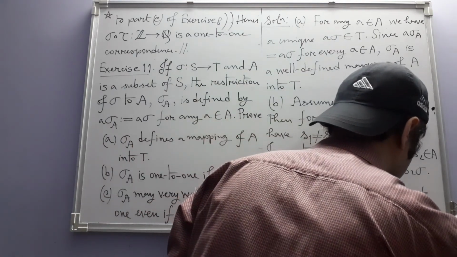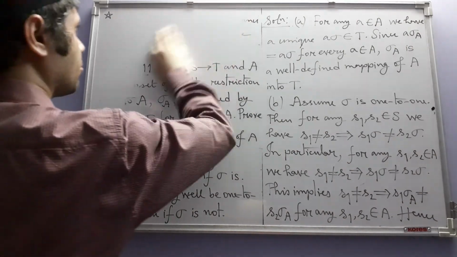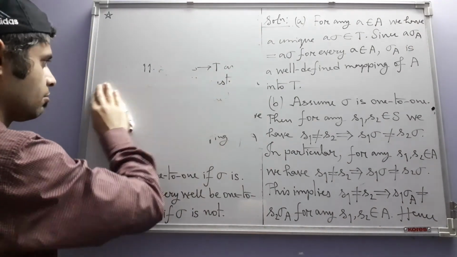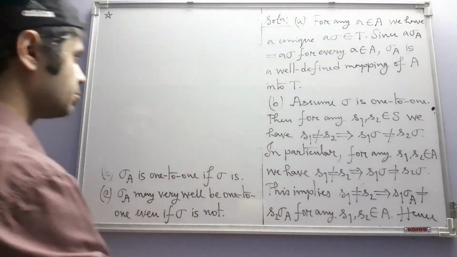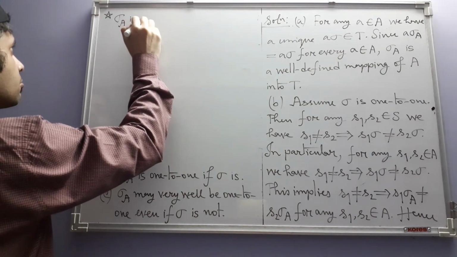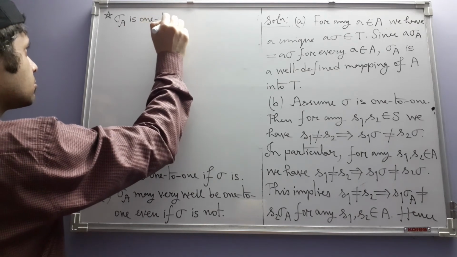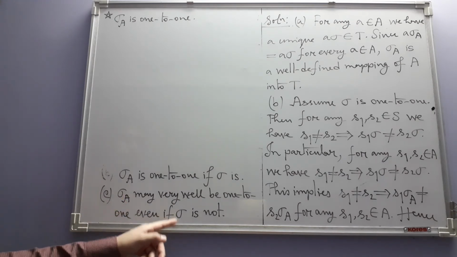Hence, lastly, we have to show by an example, obviously, that we can have a one-to-one mapping sigma A that is not coming from a one-to-one mapping sigma.